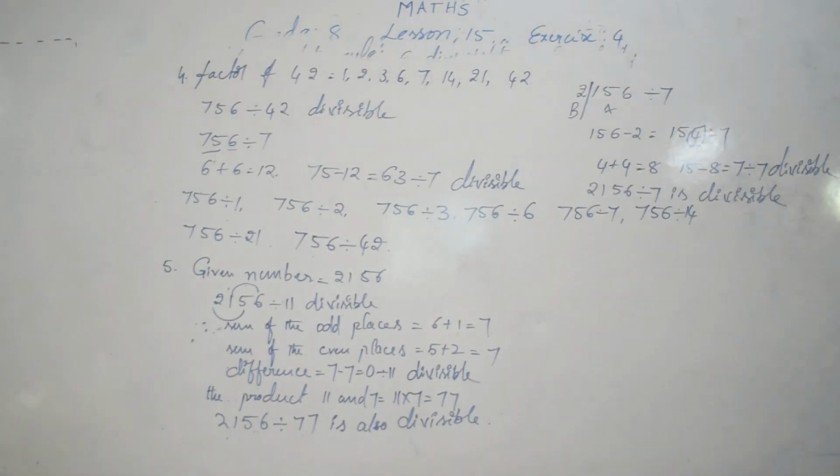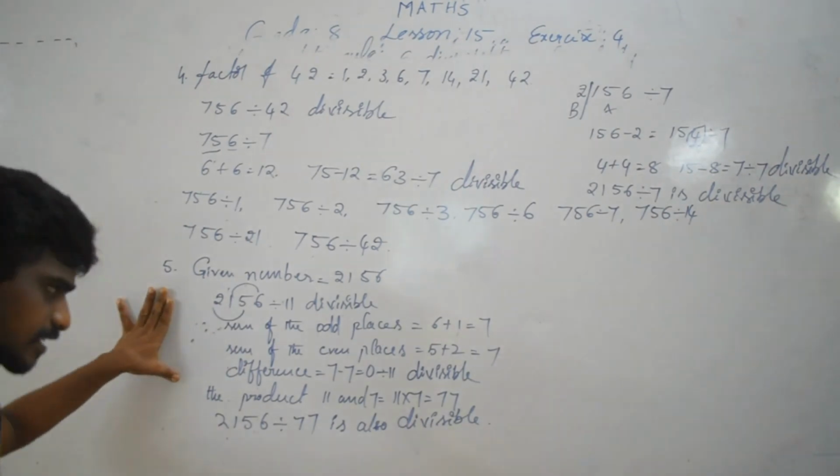Next one, check whether 1435 is divisible by 5 and 7. Verify the product, divisible by 5 and 7.